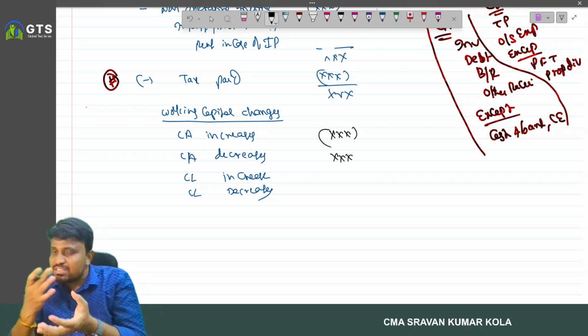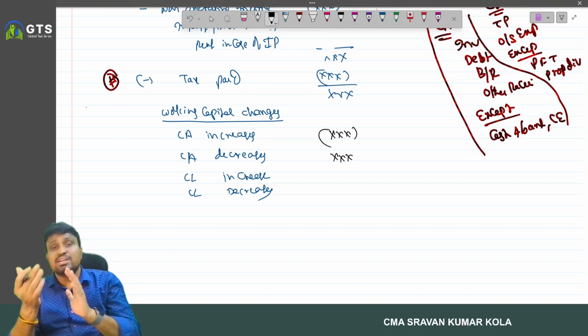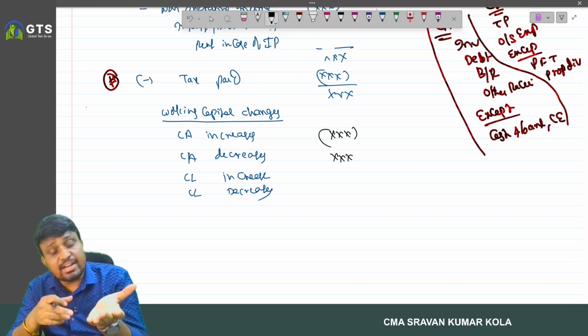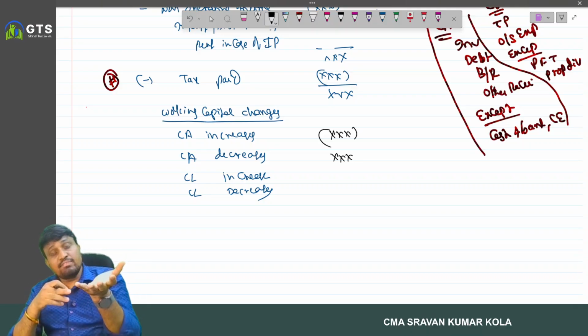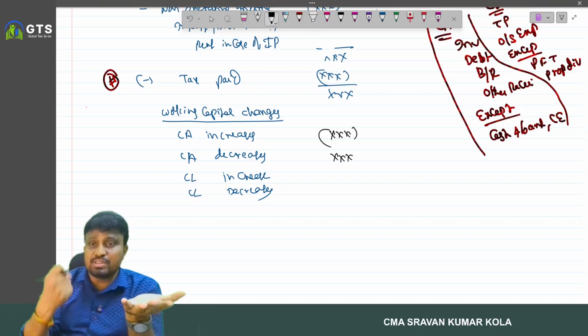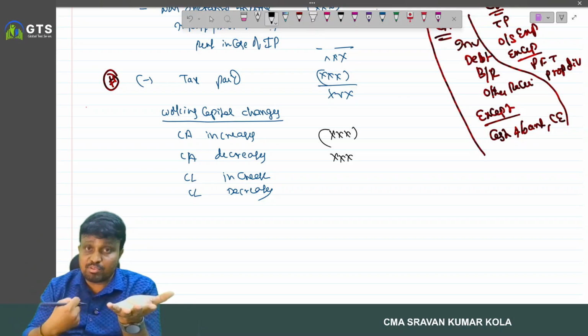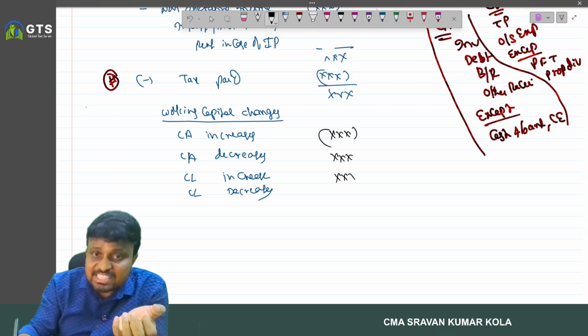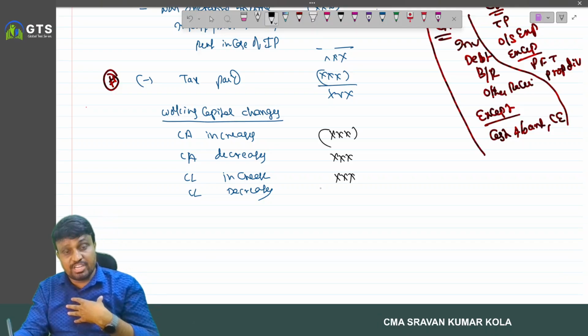We are purchasing the goods. For example, we purchase the goods on credit basis. So here the creditor balance is increased. And without paying the amount towards the purchases, we block our cash. So in that case, we retain our cash and it is deemed to be what?